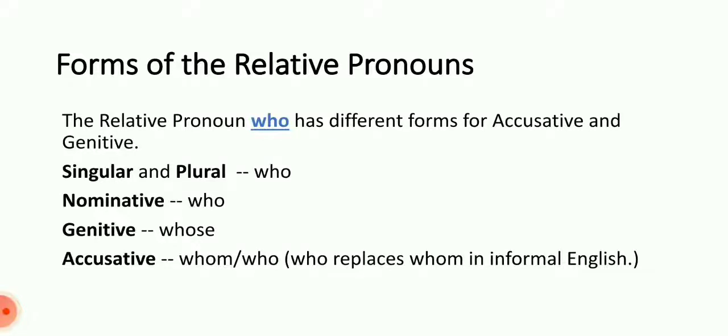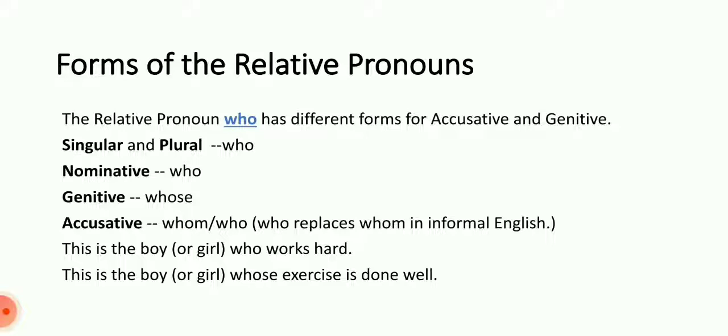Who is used as well, but it is used in informal English. Who replaces the word whom in informal English. But if we want to write formal English, we prefer to use whom instead of who. We have to use whom instead of who.